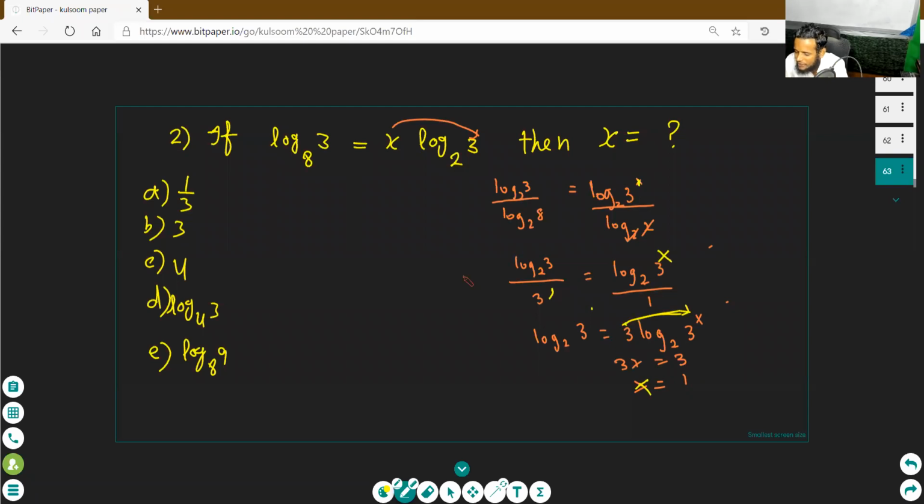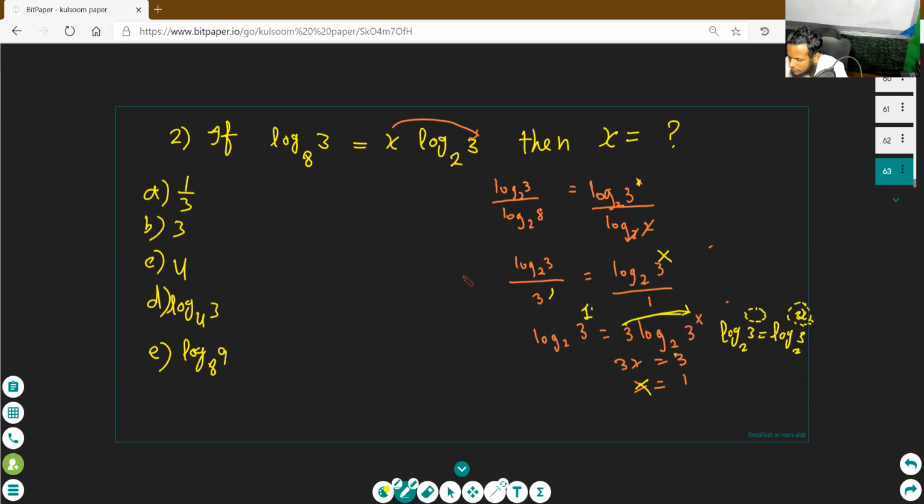No, you are doing wrong. See here. We will make the power. First you should do it as log 2 to 3, and then you make this power as log 2 3 raised power 3x. Both sides you are doing the power. What is the power of 3 here? 1.